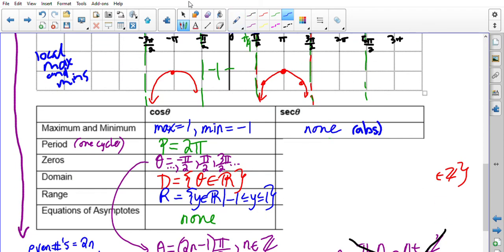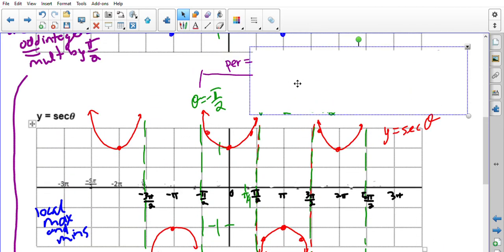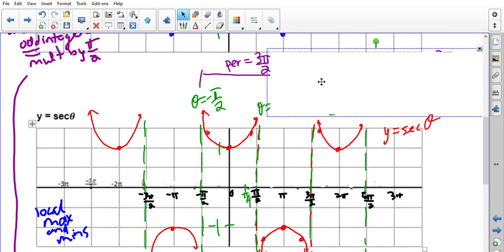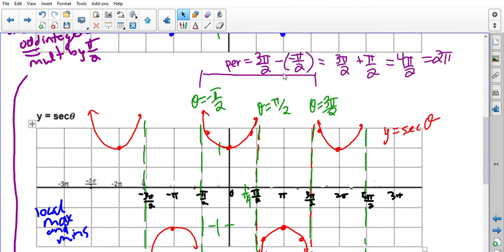The period for this: I want you to outline where you see a cycle repeating itself. For example, here in purple, I have outlined where I see one cycle, from here to here, an opening up and an opening down, and then it starts to repeat.